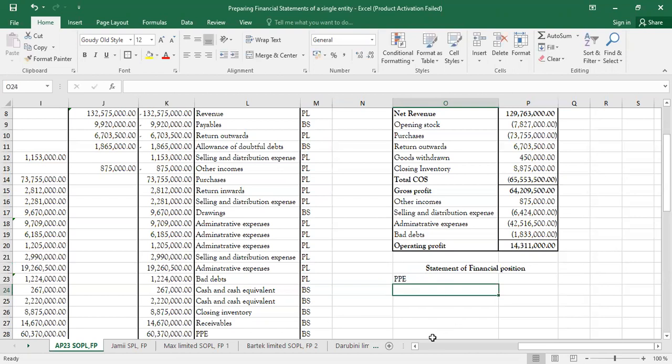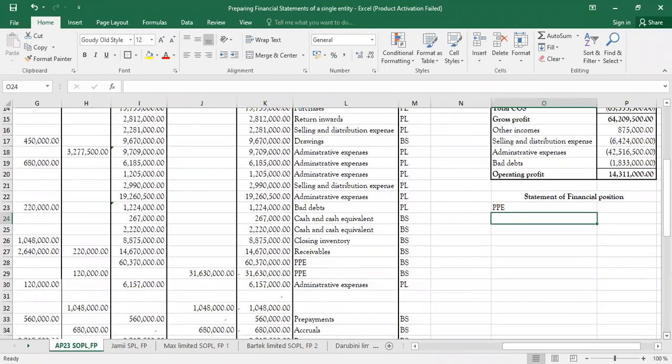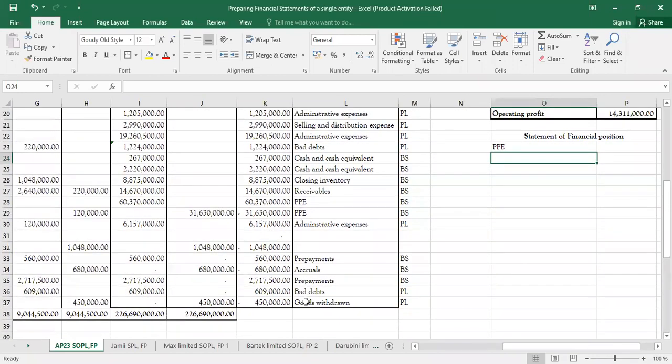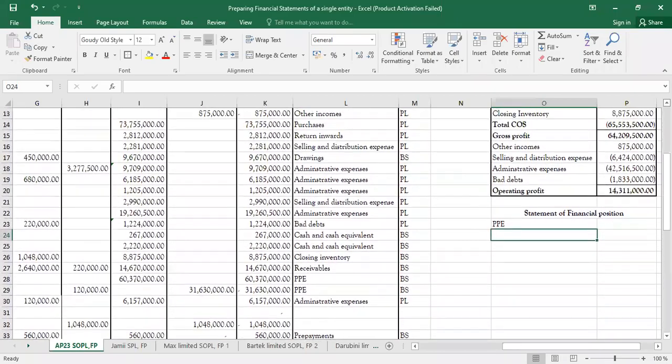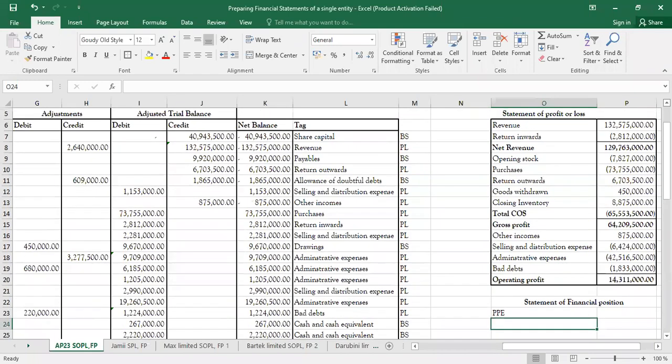So I just go to my tab column and look at what non-current assets do we have. Isn't it, goods withdrawn? We took care of it. Prepayment. Actually, I think there is no other non-current asset, isn't it?